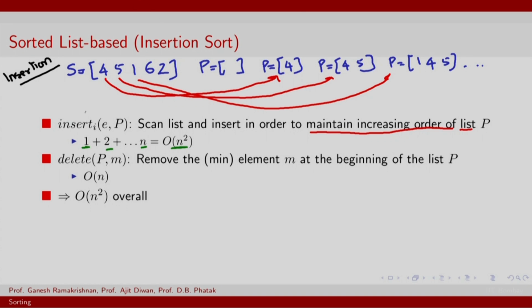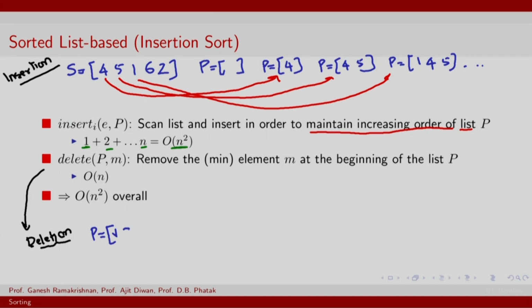As far as deletion is concerned, all you need to do is pick elements from P, starting with the first element, and pick the minimum element and insert them into S. Now what will this mean? Well, this will mean just a linear scan because P is already sorted.